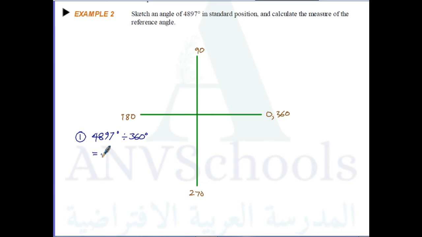That will give us around 13 revolutions, meaning 13 360s.